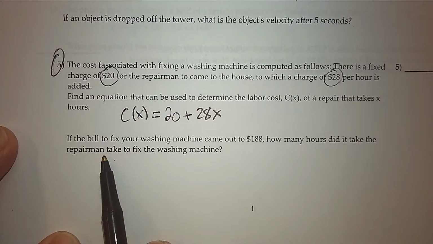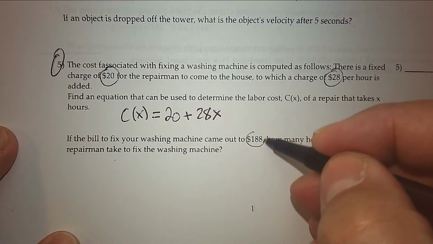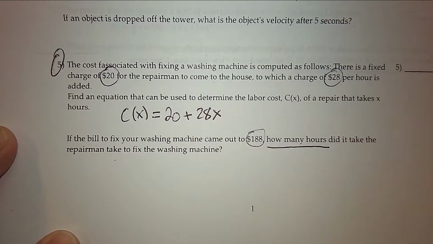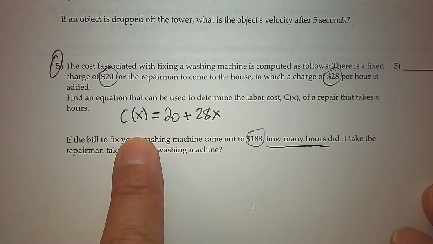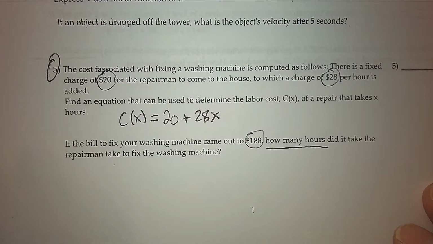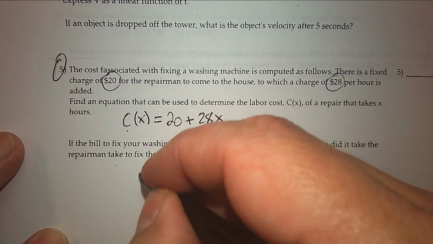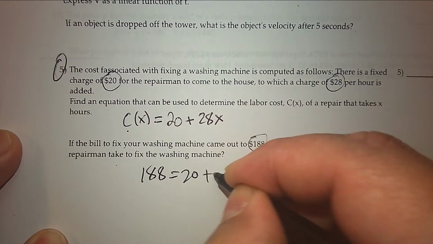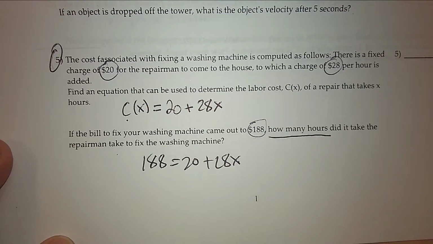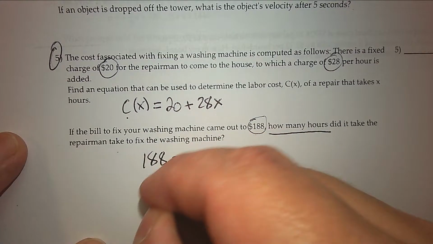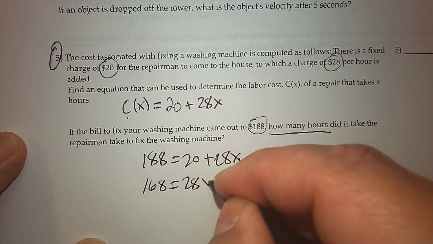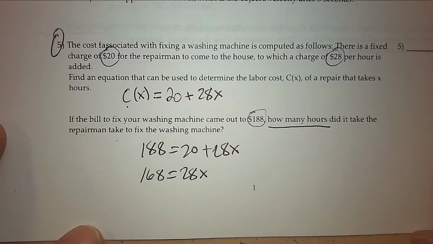If the bill to fix your washing machine comes out to $188, how many hours did it take the repairman to fix the washing machine? So in this situation, am I plugging in 188 for X? Because X represents the hours. That's what I'm looking for. So instead, I actually know what C is. So I'm going to make it equal to 188 and then solve it. And think, how many hours is that? So subtract 20.